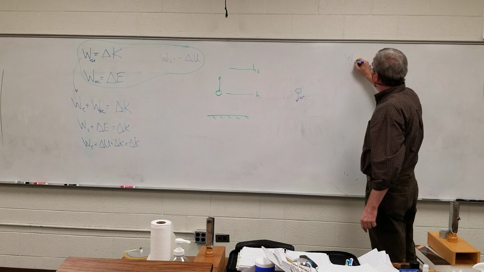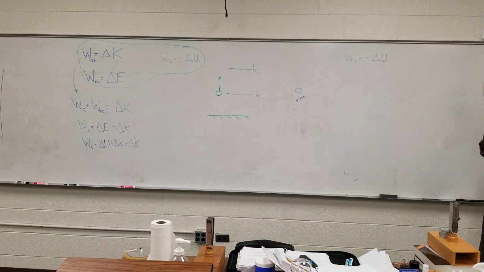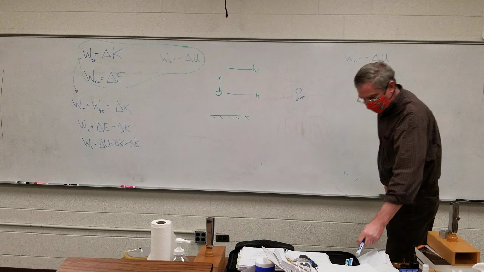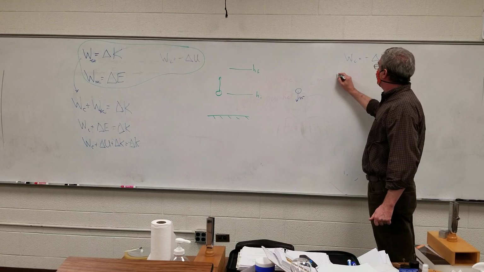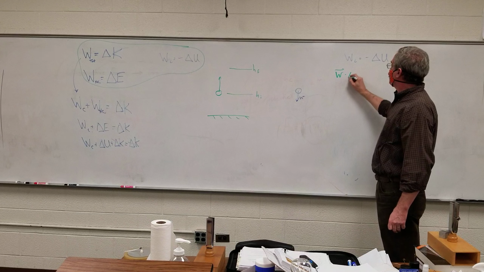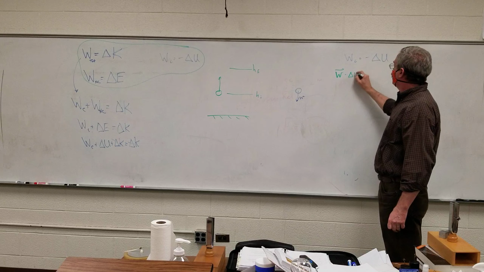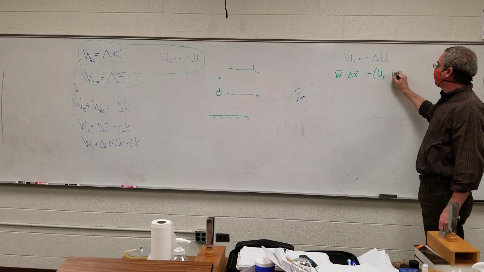So work conservative is equal to the negative change in potential energy. Work is force times displacement. So I have my weight vector dot product with my displacement, is equal to negative of U final minus U initial.